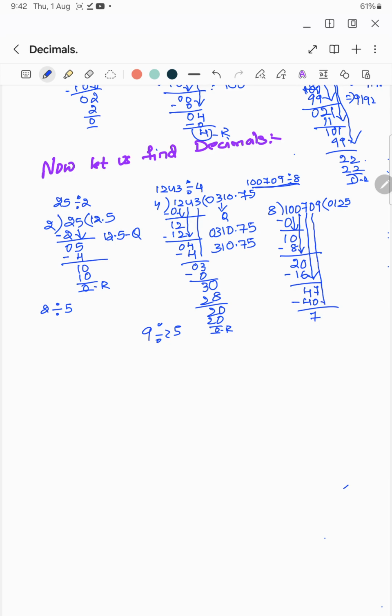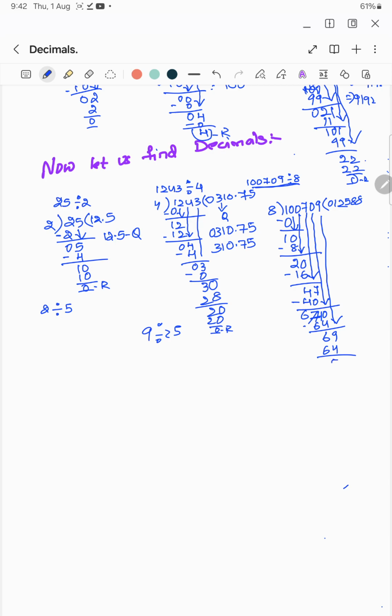Take 0, carry down. So 8 8s are 64. Take the 9, carry down. So 8 8s are 64.